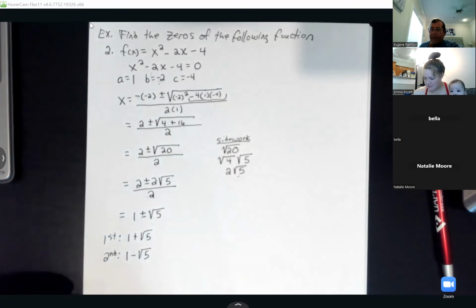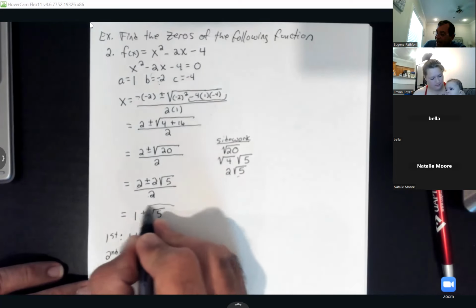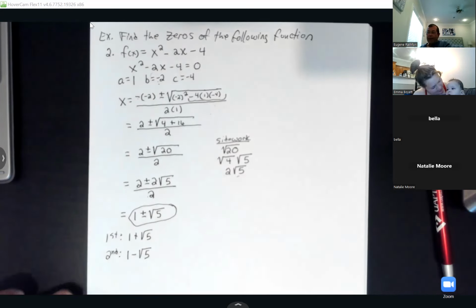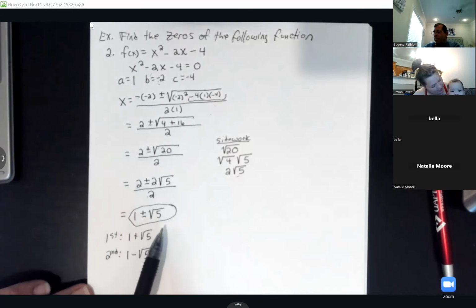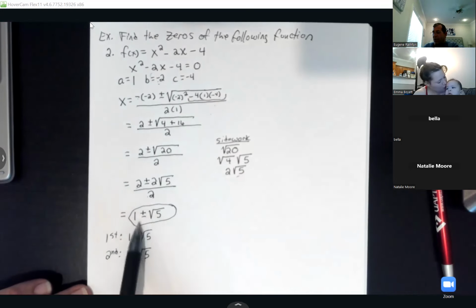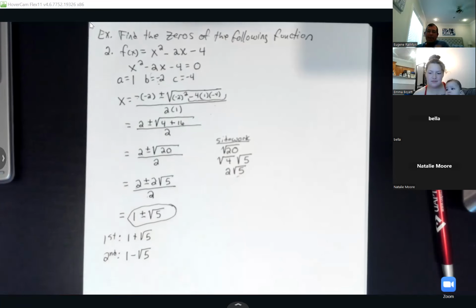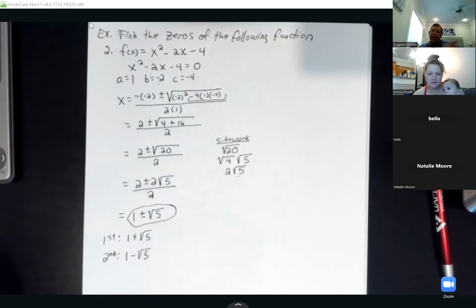So we would have to write both of those as our answer, or use this plus or minus like it has here. On these ones with the radicals, MathLab will let y'all use that plus or minus. When you click on the answer blank and it pulls up that little bar on the bottom, it'll have that plus or minus for you.